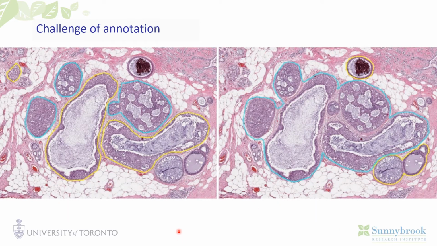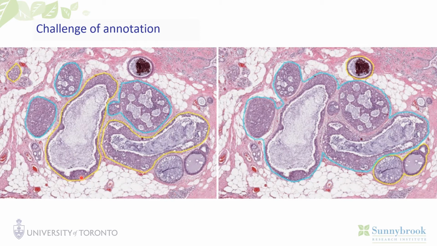In addition to the scale being a problem when you're annotating, there's also a challenge of inter-observer variability. Annotating pathology images is not something you can easily train graduate students to do. You really do need experts, but even the experts often disagree. These are 2 pathologists who were both asked to annotate ductal carcinoma in situ so that we could train a segmentation algorithm.